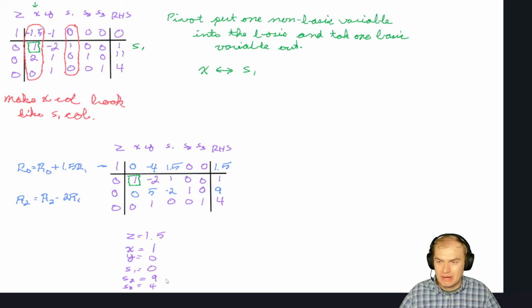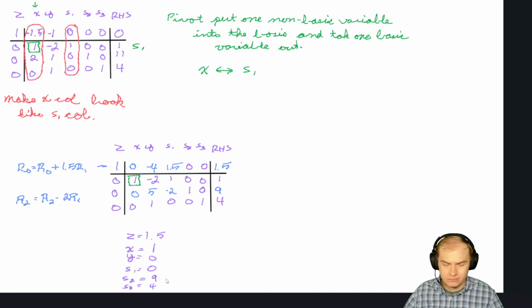So instead of remembering all of the different equations and operations that you need to do this algebraically, we've done the same thing with simple row operations. And this is not a coincidence. This is not unique to this problem. This is true for any LP of any size.